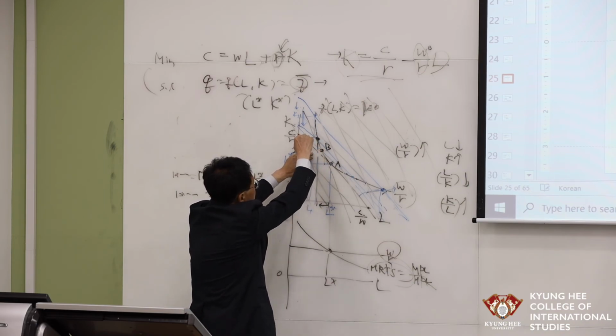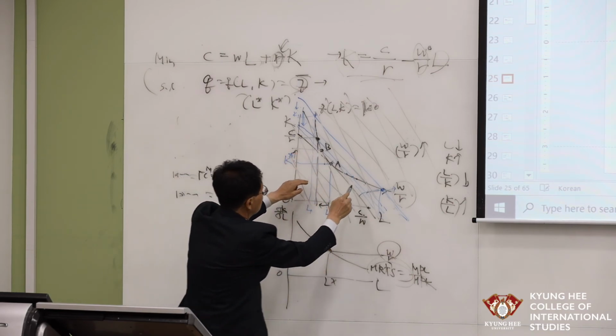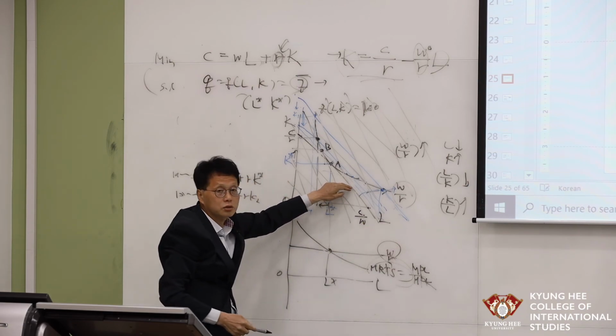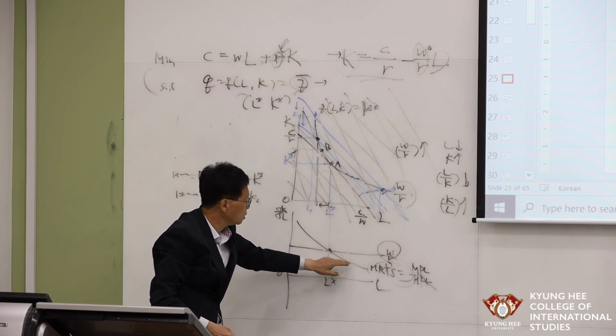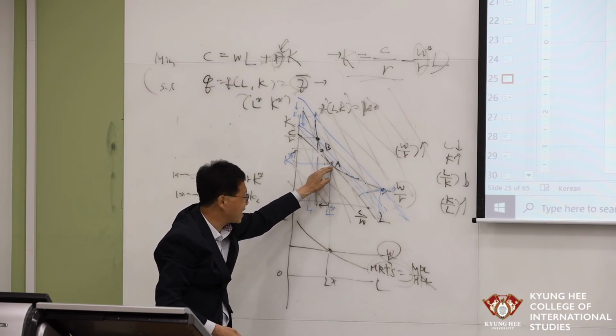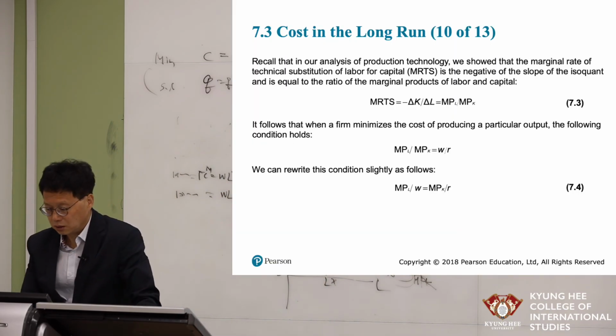MRTS is higher than the slope of the isocost line, right? And at this other point, MRTS is lower than the slope of the isocost line, right? This is lower than this one. Only at this point, the equilibrium cost minimizing point, MRTS equals W over R. That is explained here.